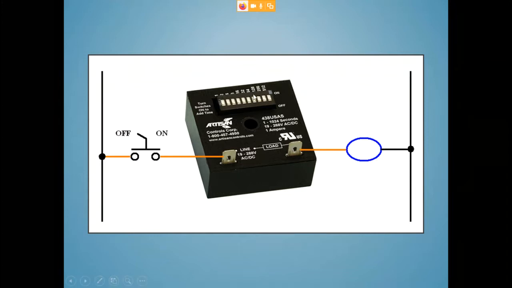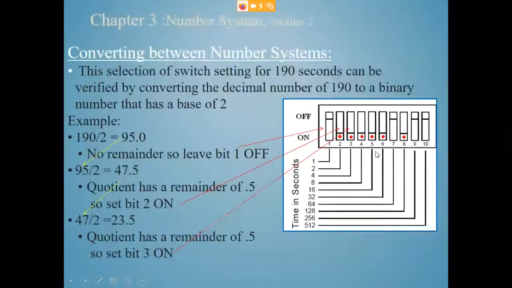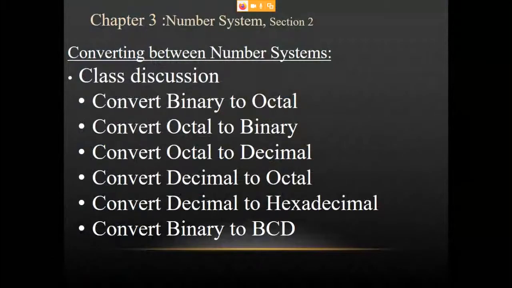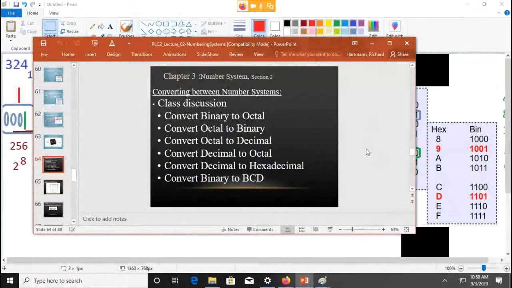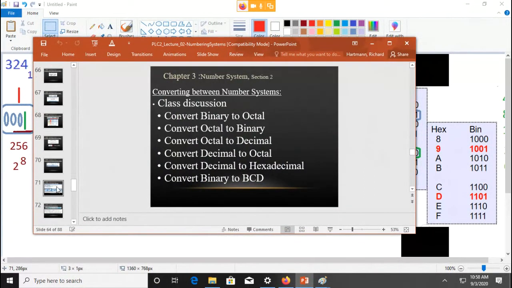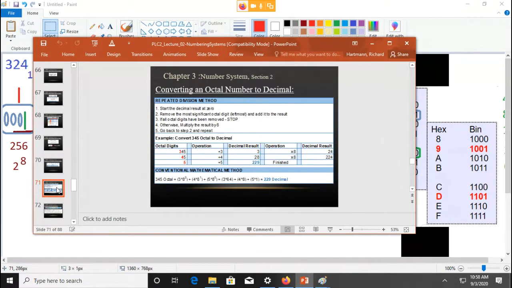So when you flip the switch on, the timer would start timing, and then after the time has expired, it would go into 0. But the counting of this is done in binary. All right, so like I say, a lot of these slides are just walking you through different methods of trying to do the conversions.